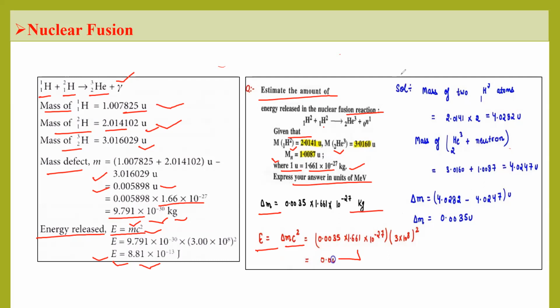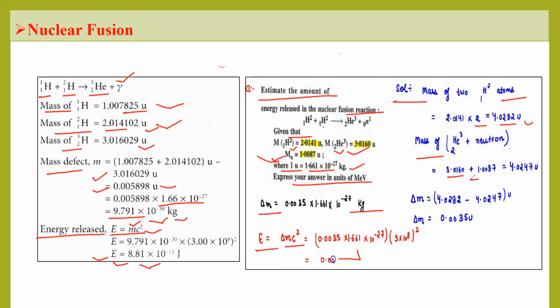So how do we solve this question? In the solution, the mass of 2 times 1H2 is 2.014 into 2, so it is 4.028 U. The mass of 2He3 is 3.0160, which is given, plus the neutron mass, which is given.